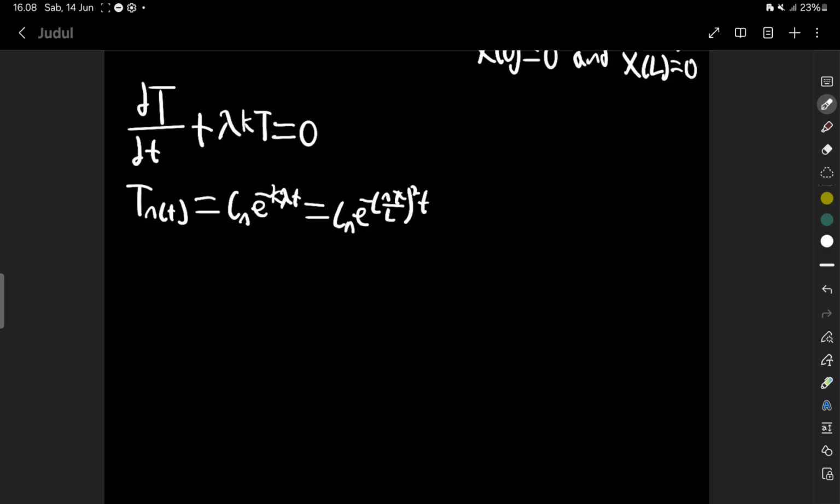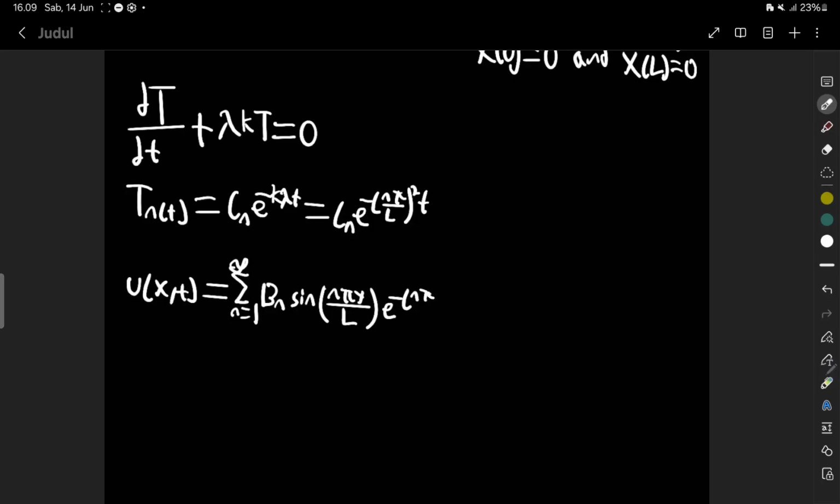And also we're going to do superposition and the initial condition. The combined solution gives the general solution u(x,t) equals the sum from n equals 1 to infinity of b_n sine of n pi x per length times exponential with the power of minus n pi per length squared times t.